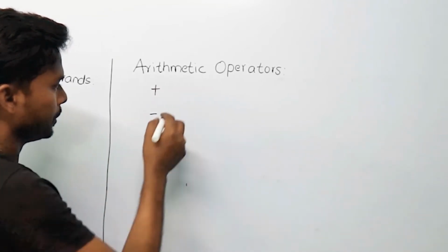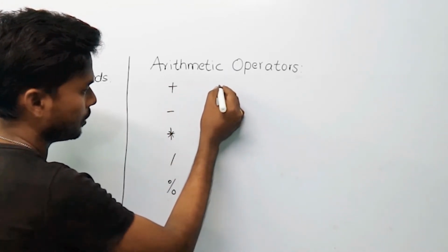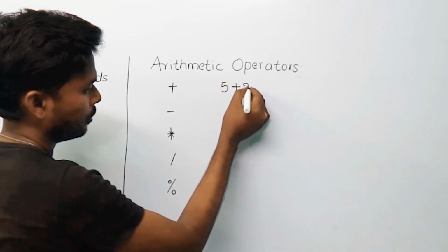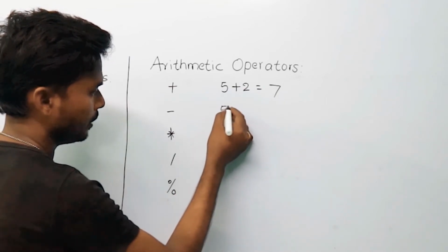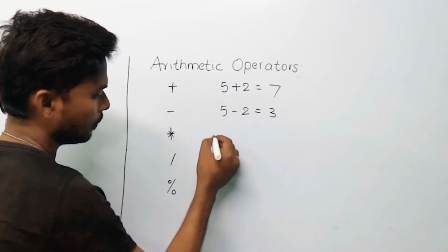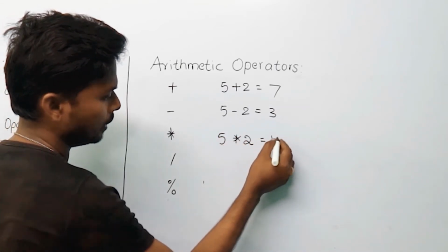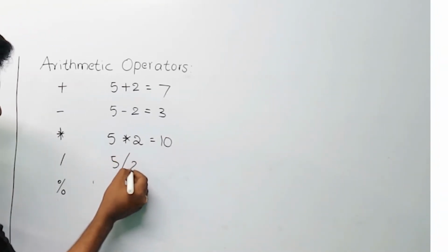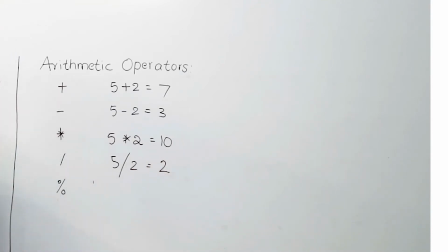So for example, 5 plus 2 will give you 7. This is very obvious for us. 5 minus 2 will give you 3. 5 star 2 will give you 10. 5 divided by 2 will give you 2, not 2.5.